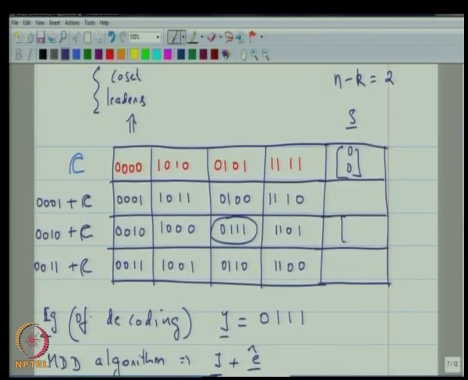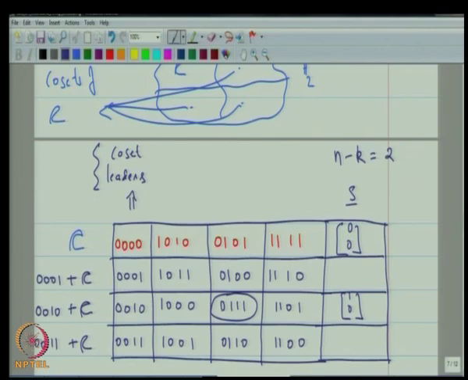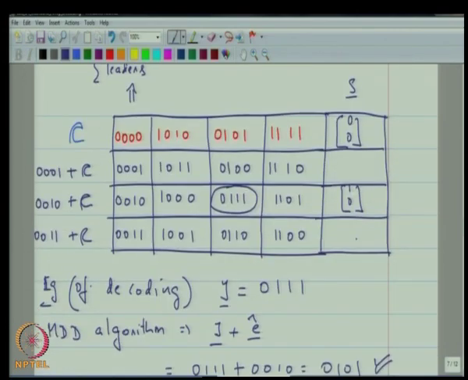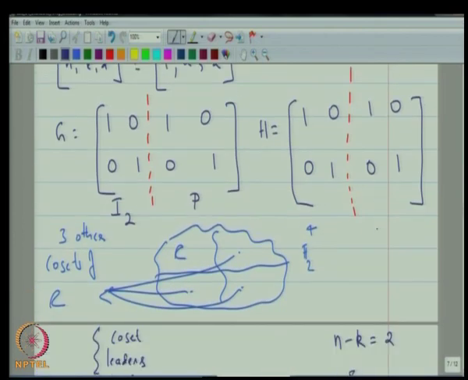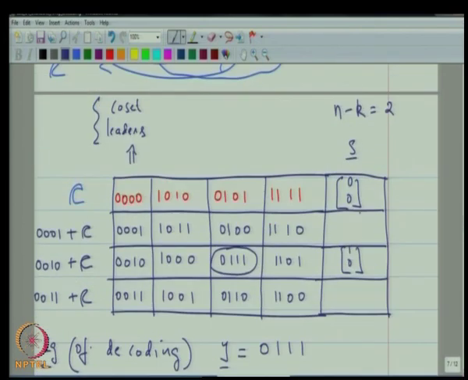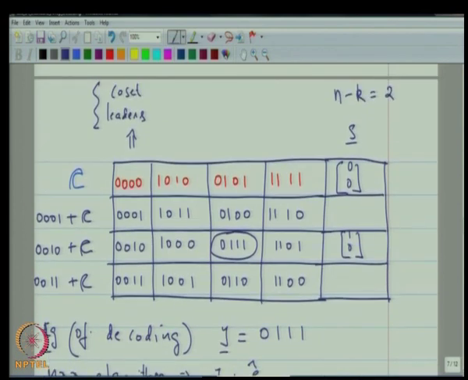We computed the syndrome here, found that it is 1 0. Perhaps it will help if I put down the matrix H over here, although it is going to crowd the screen a little bit.